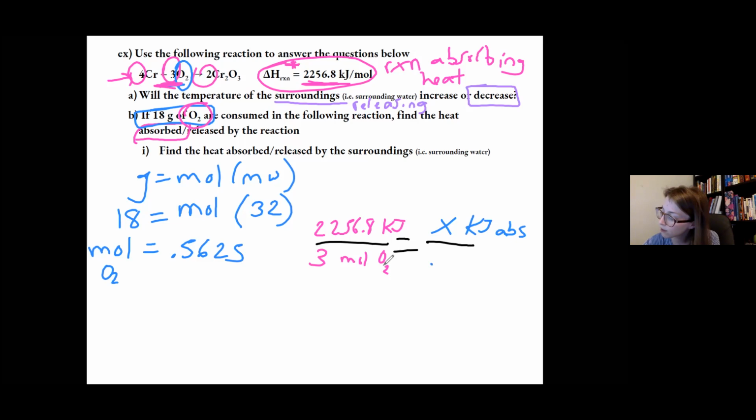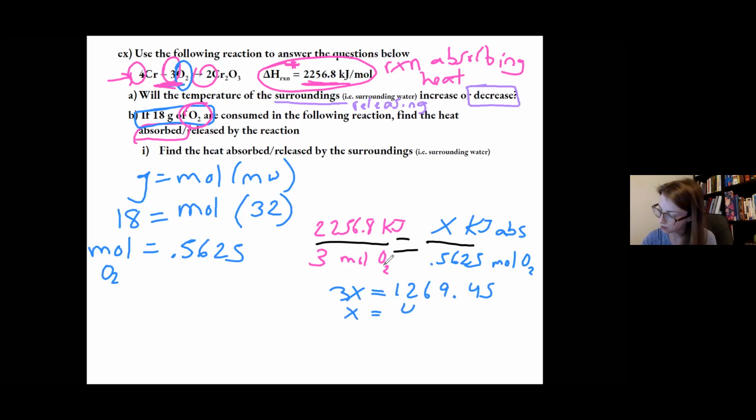When we use 0.5625 moles of O2. Labeling your units here, I think, is really helpful. Kilojoules per mole of O2, kilojoules per mole of O2. When I cross multiply this, I get 3x equal to 1269.45, divide by 3.